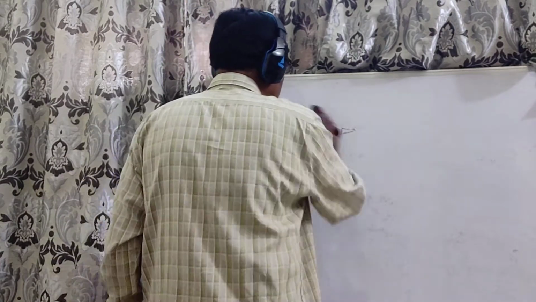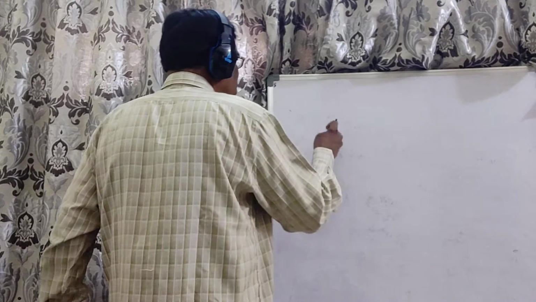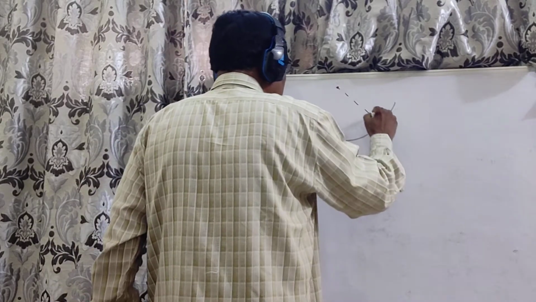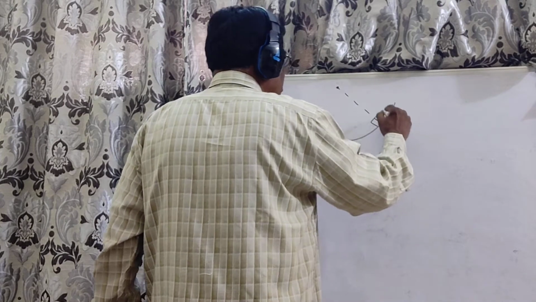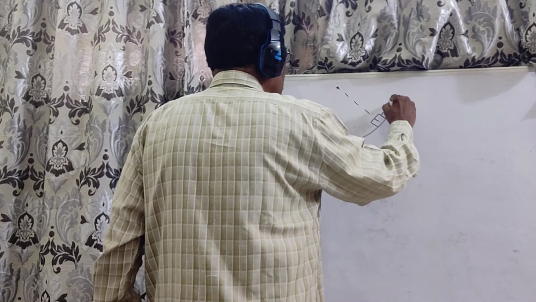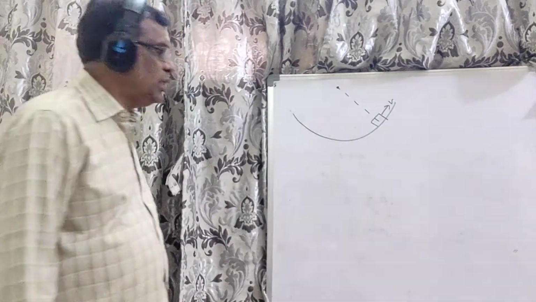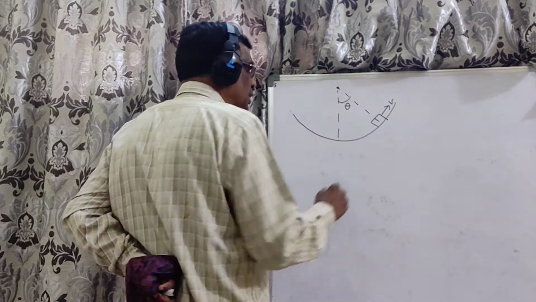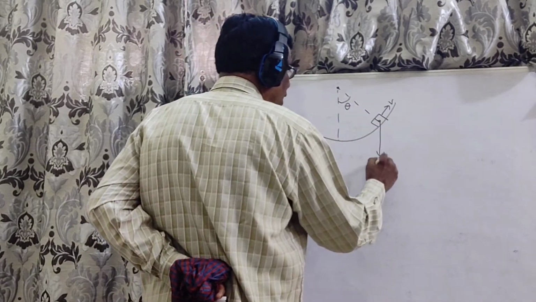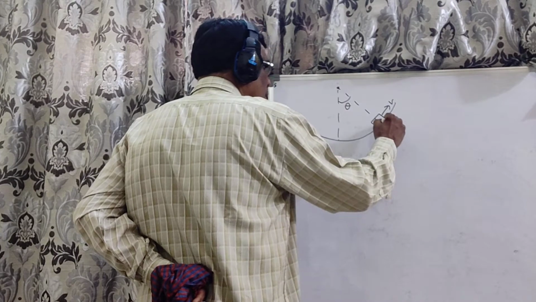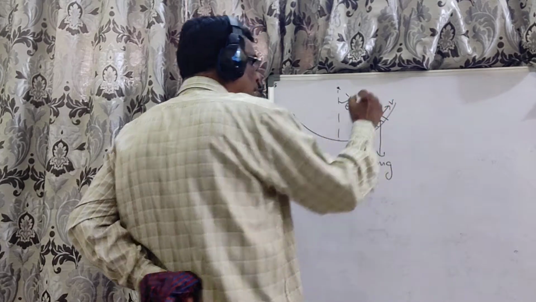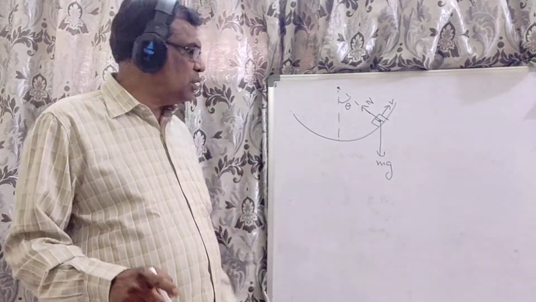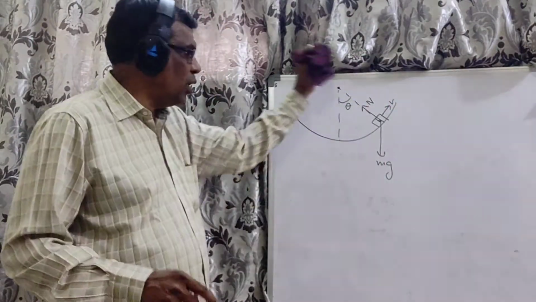Now, suppose I take this is the center, the body going like that with V, let this angle be theta, as usual mg, that is N. What is N here? Normal force by the surface on the body.